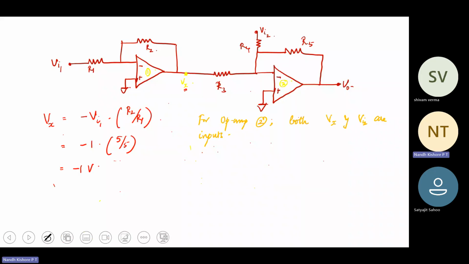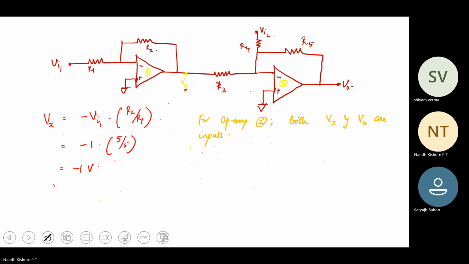I will disable one input and see the result of the other, and then disable the other input and see the result of this one. First I will see the effect of Vx alone, disabling Vi2. Next I will see the effect of Vi2 alone, making Vx equal to 0.